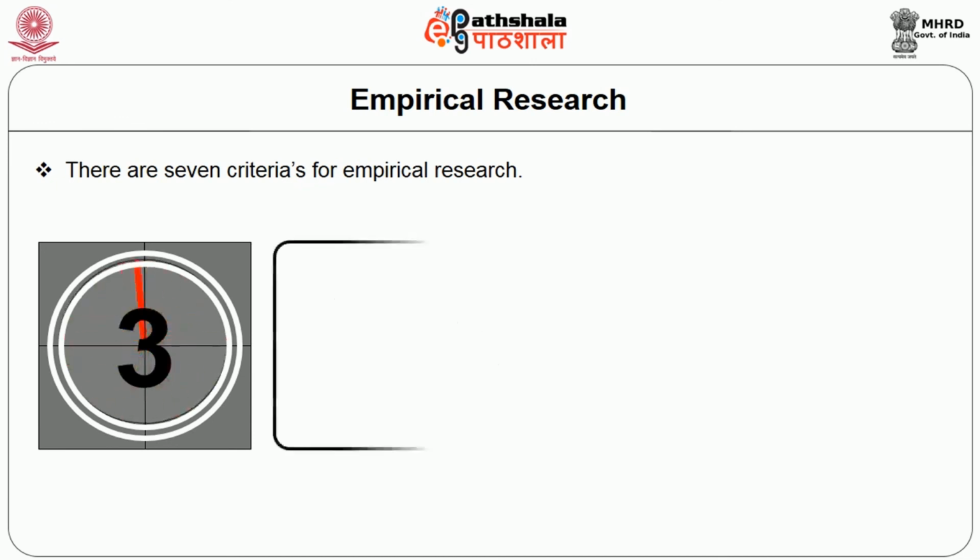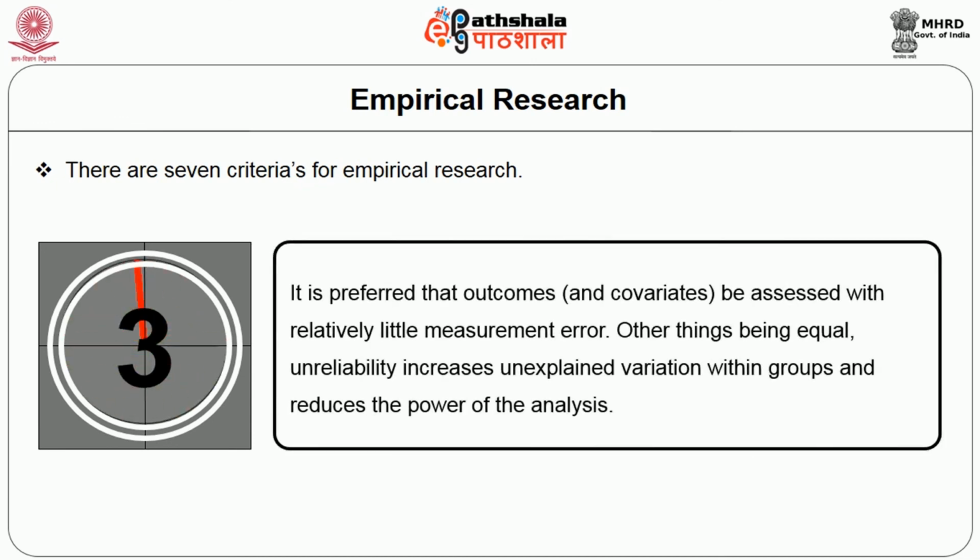The third criterion, it is preferred that outcomes and covariates be assessed with relatively little measurement error. Other things being equal, unreliability increases unexplained variation within groups and reduces the power of the analysis.